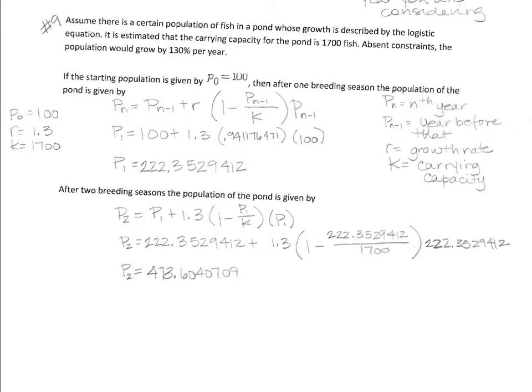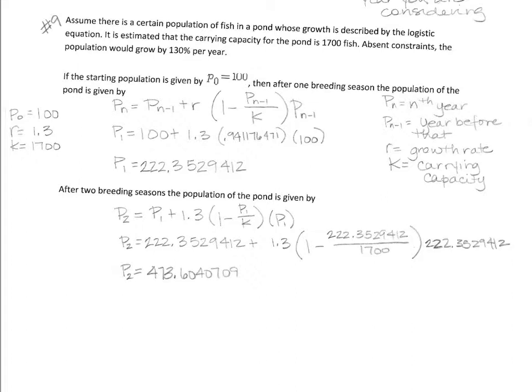Absent constraints, the population would grow by 130% per year. The starting population is given by P sub 0 equals 100. Then after one breeding season, the population of the pond is given by, we're asked to find that, which will be P sub 1 after one breeding season.